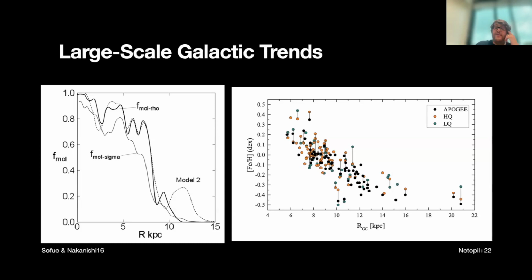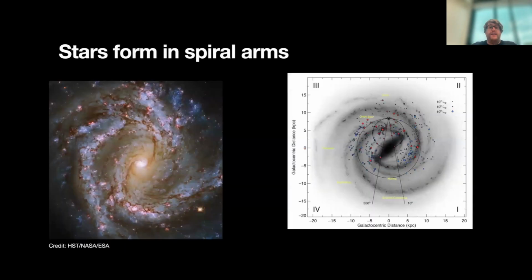So once you get to 10, 11 kiloparsecs away from the galactic center, this fraction has dropped to pretty much 0. So you would expect such a large trend in the molecular gas fraction to also be imprinted in the results that we see. So these are just two things to bear in mind.